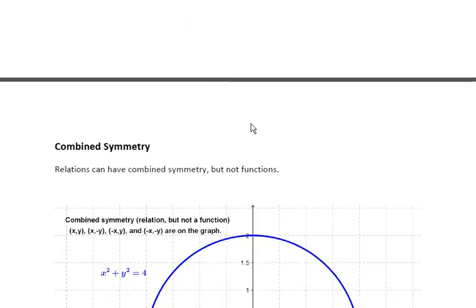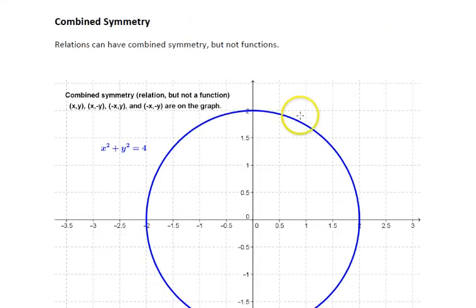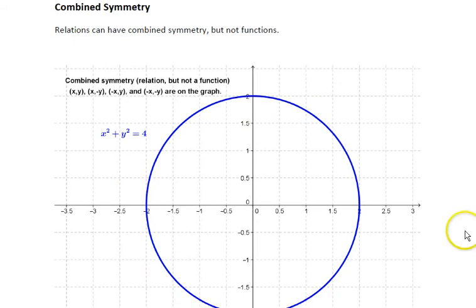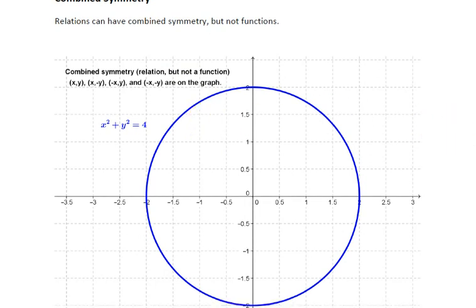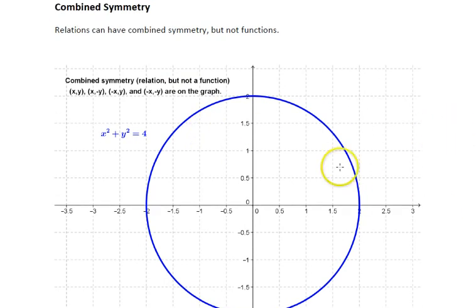The final symmetry to consider is combined symmetry. Relations can have a combination of symmetries, but if they have x-axis symmetry in them, they will not be a function.